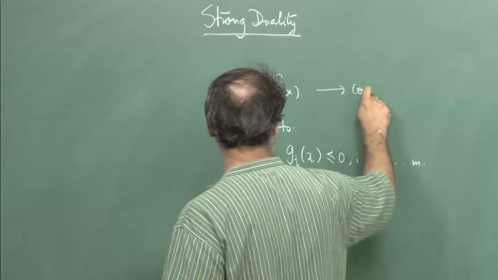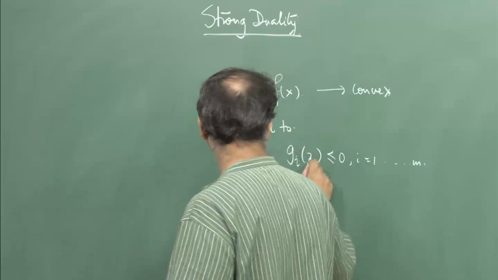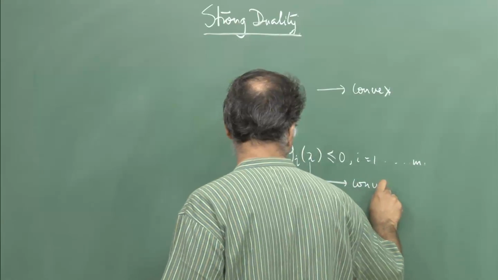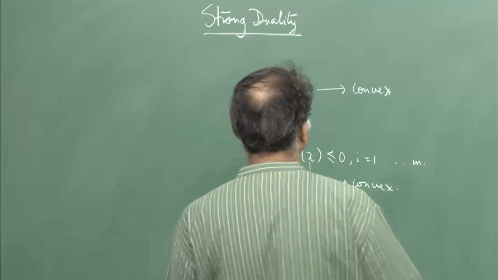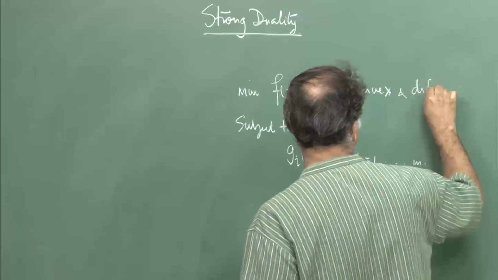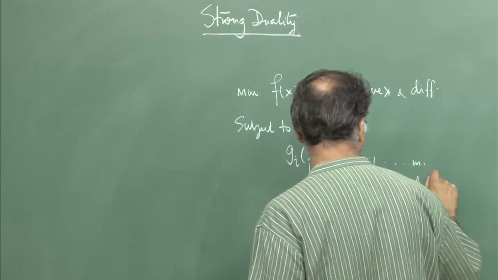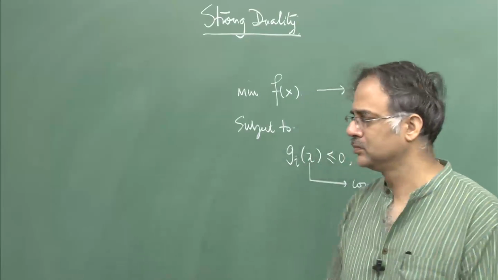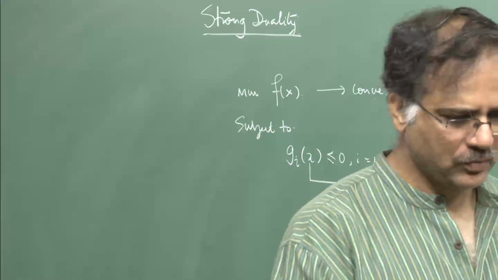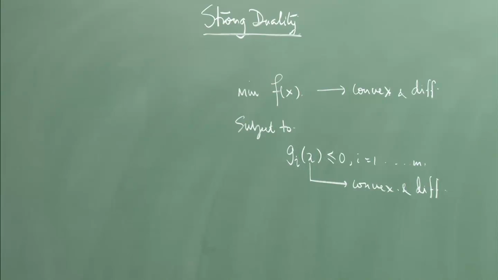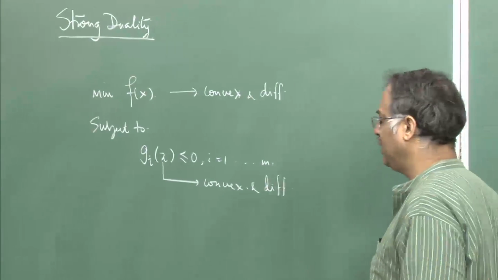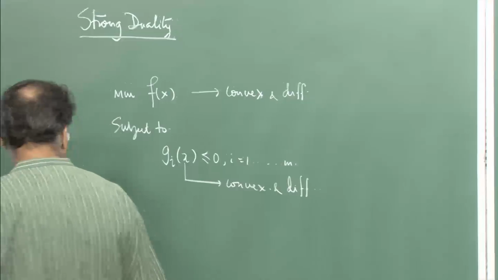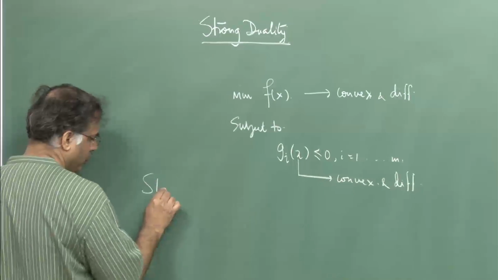When strong duality comes, we are actually in the fold of convex programming. Assume that these functions are also differentiable, so assume that these are m plus 1 differentiable convex functions. Now, once I know that, let me assume an important condition, a constraint qualification called the Slater condition, of which you already know.